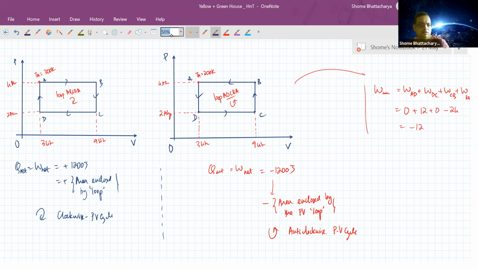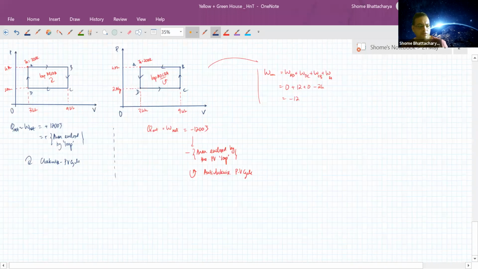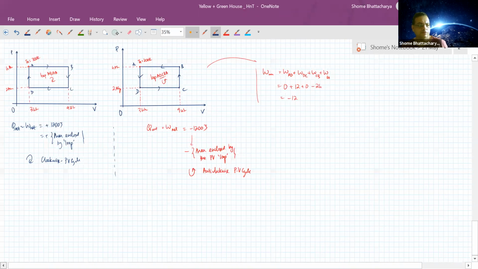Okay, so as I said, what we've discussed about this rectangular loop in particular here, we can generalize to any shape of graph.